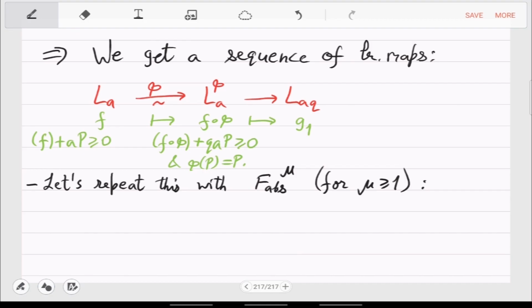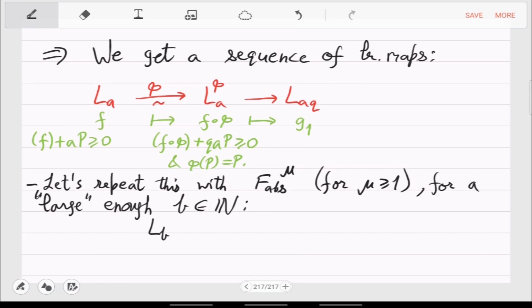So let's take and define LB P mu vector space, very similar to what we did before with LA phi.